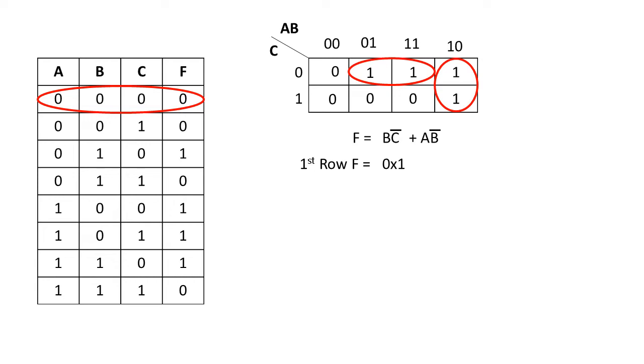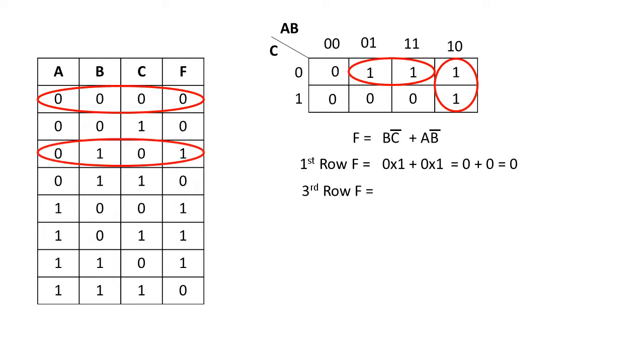The complement of C, the opposite of 0, is 1. So 0 into 1. Now A plus A and B naught. Observe, the value of A is 0 and the value of B is also 0, because the function is B naught, the complement of 0 is 1. So 0 into 1. So what will be the result? 0 plus 0 is equal to 0. So the function is 0. That means this particular function is correct. Let us check with another row.